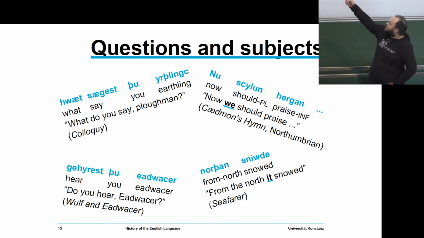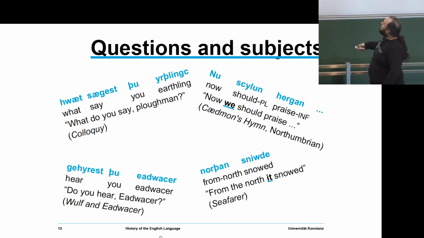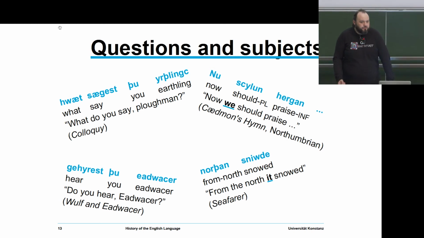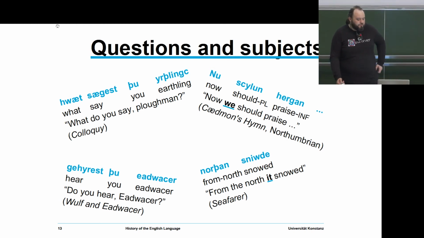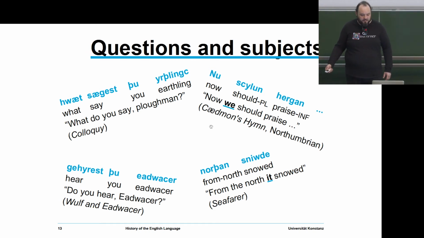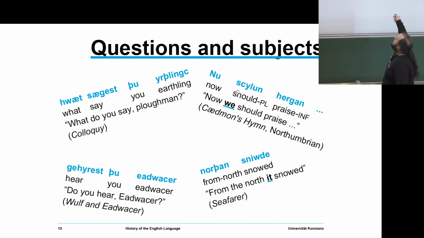So up there at the top, you've got a verb second question. Down here, you can see this is a verb first question, and those are examples of word order, right? The top example is verb second, the bottom example is verb first, and that's what we find in our questions. We also see in the second example on this side, nu shullen herjan.